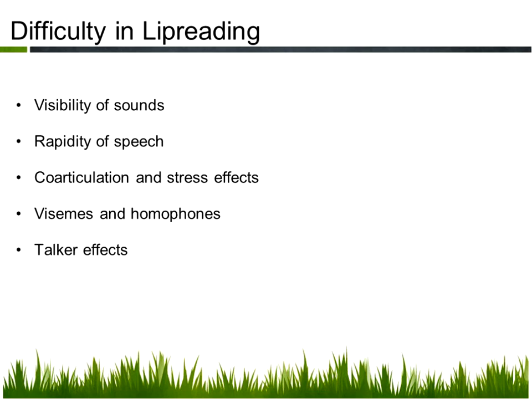What makes lip reading hard is that some sounds are visible and some are not. That faster speech is harder to lip read than slower speech. That there's always the influence of co-articulation and stress effects.